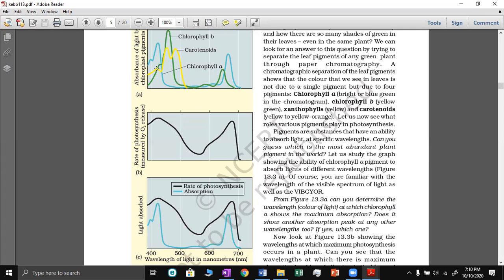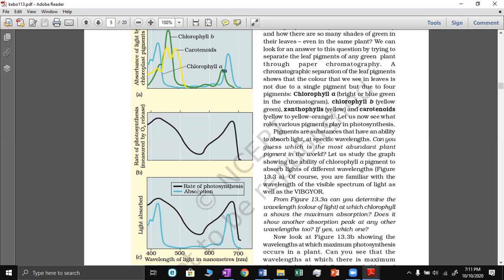Chlorophyll A also has more absorption here, but less than chlorophyll B. Another peak we get in the red region between 600 and 700, where chlorophyll A has more absorption and chlorophyll B has less. But in both cases, the absorption peaks are in the blue and the red region.